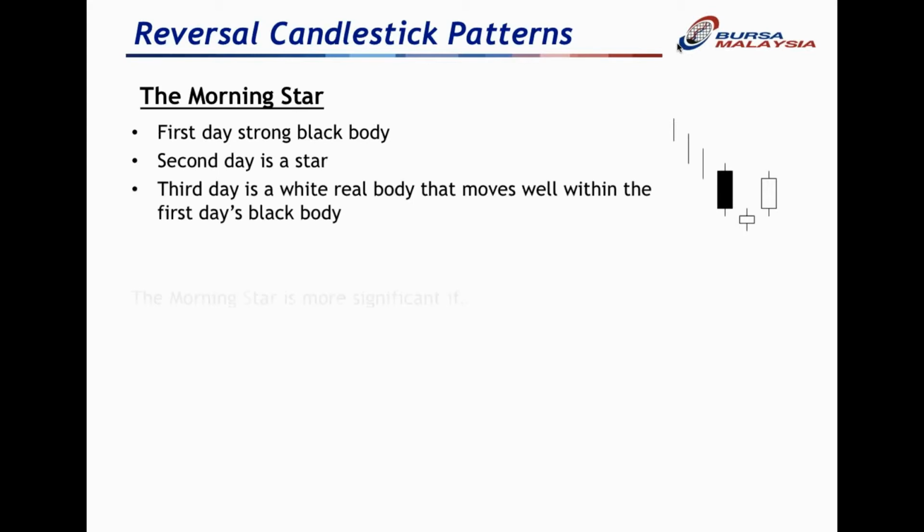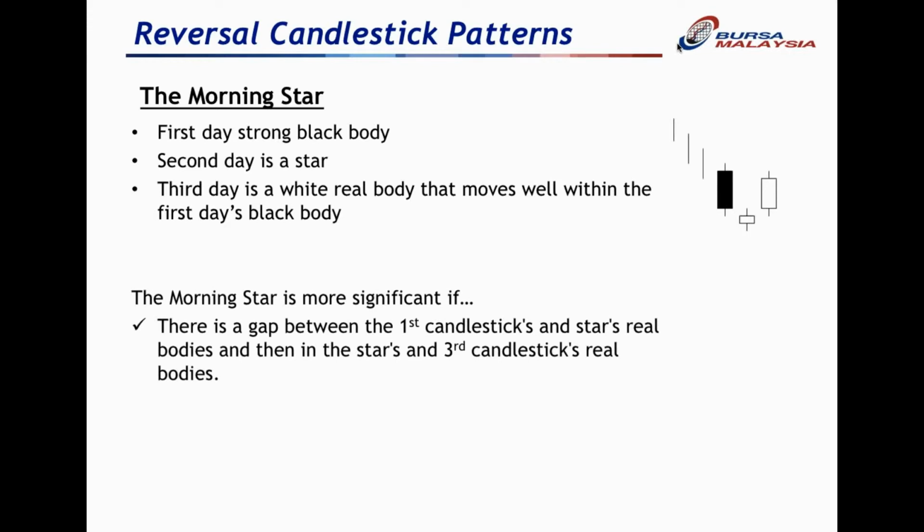The morning star is more significant if there's a gap between the first candlestick and the star's real body, and between the star and the third candlestick's real body. It is also more significant if the third candlestick closes deeply into the first candlestick's real body, and there's light volume on the first candlestick and heavy volume on the third candlestick.